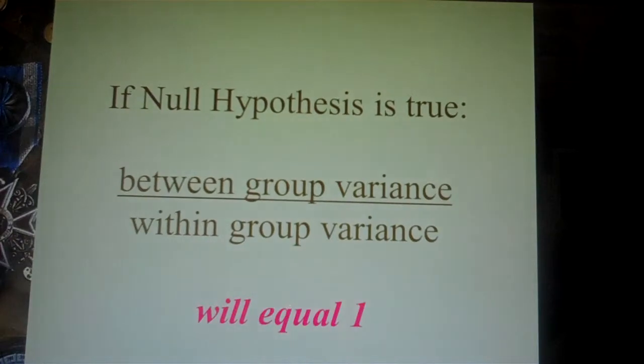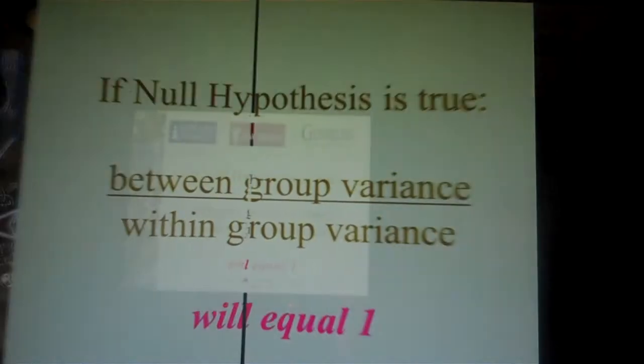Here comes the question. If the null is true, then the same variation I will find between those three schools, I will also find within those three schools. And if so, my F will equal 1, which means no difference between or within those groups.